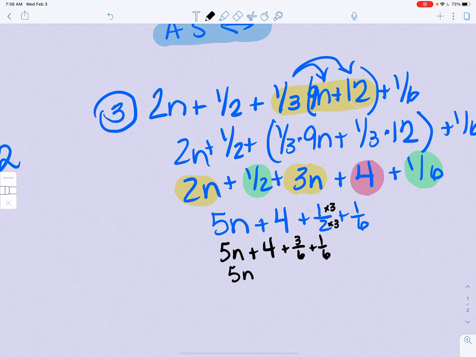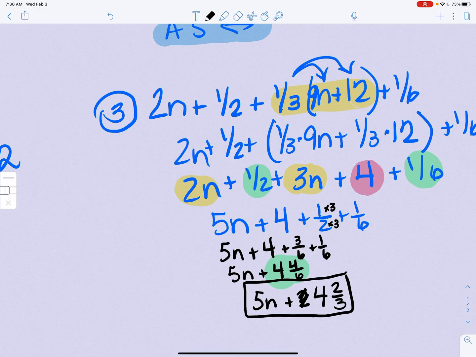Then I'm left with 5n plus 4 and 4/6. Or, because the 4/6 can be reduced, the final answer is 5n plus 4 2/3. Okay, I believe that there is one more problem.